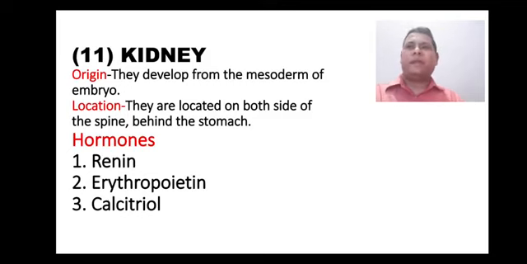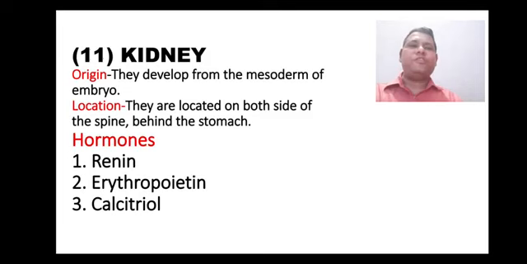Hormones of the kidney: the kidneys secrete three hormones: 1. Renin, 2. Erythropoietin, and 3. Calcitriol. Renin: whenever the rate of ultrafiltration falls, the cells of the juxtaglomerular complex secrete and release into the body a compound named renin.